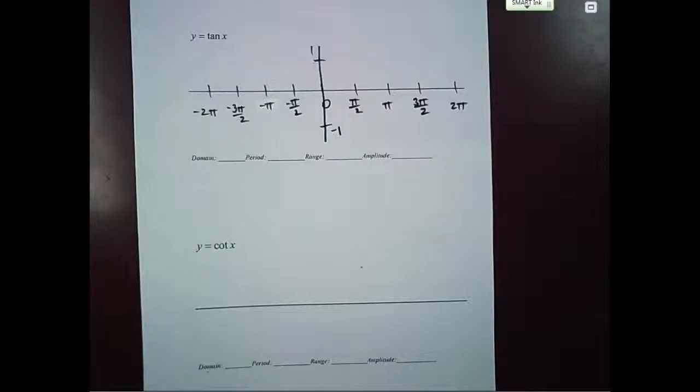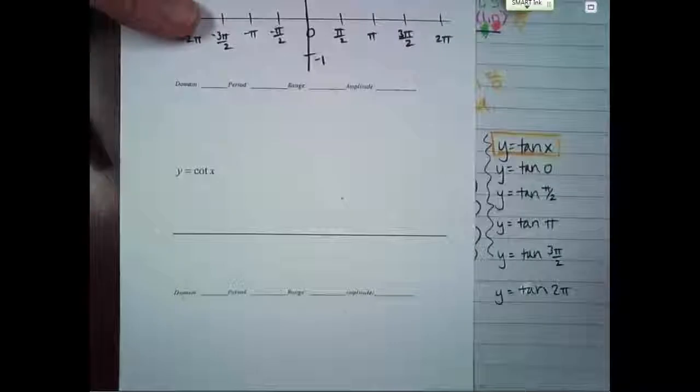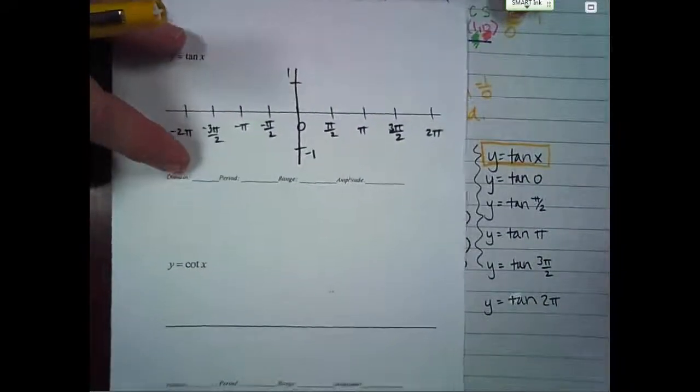Okay, so look at your points. Let's graph what we know. What did we figure out? Here, I'm just going to put these next to each other. Maybe they'll fit. Ha, there you go.